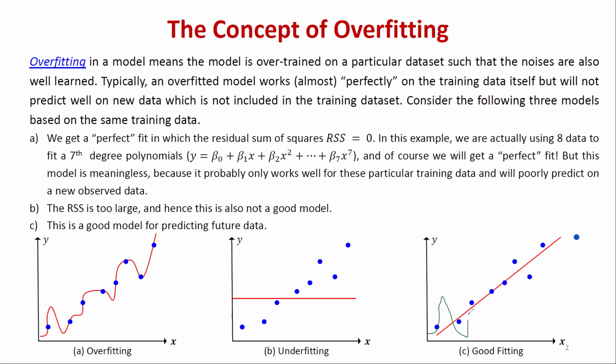If you fit something like this, the curve will go up and you will no longer be able to touch those kinds of points here. That's why this is not a good fit. It's overfitting.